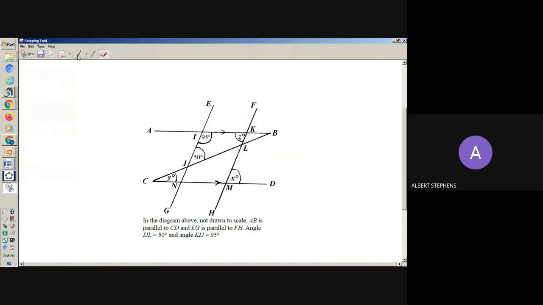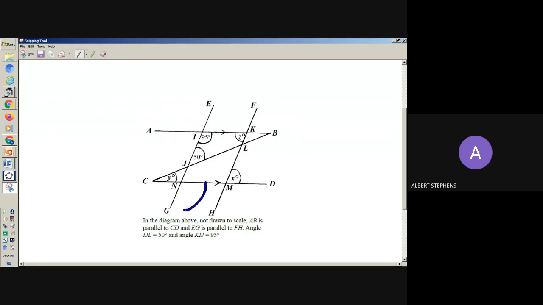Yes, sir. Right. Can someone tell what this angle is? A right angle? It would be 95. No, it wouldn't be a right angle. It will be 95. All right, come again.